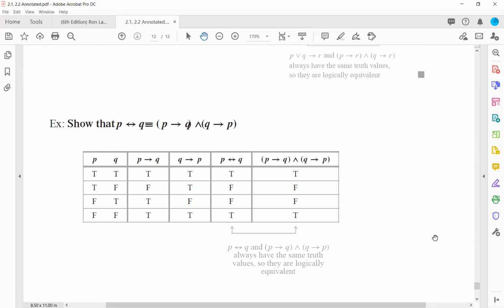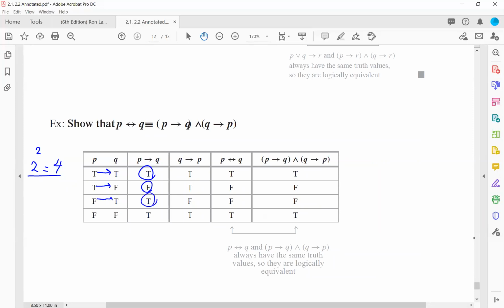And our final example, showing that P if and only if Q is the same as (P then Q) and (Q then P). We use a truth table on the left-hand side with four combinations: true, true; true, false; false, true; false, false. Okay, P then Q: true then true, true. True then false, false.